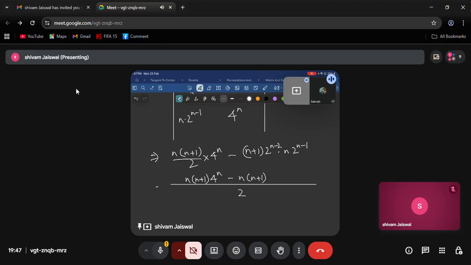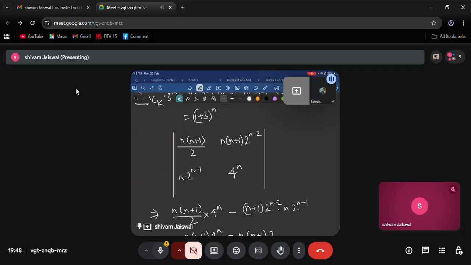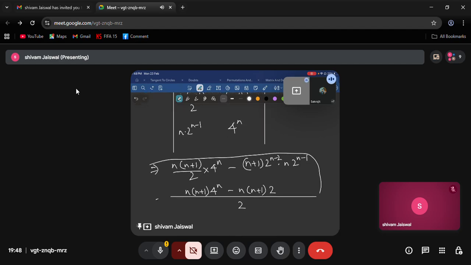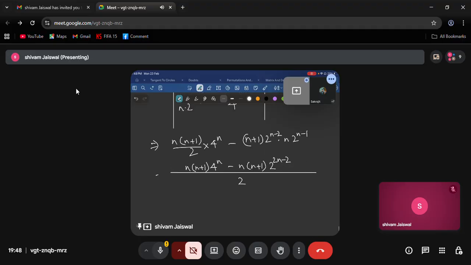So it will come as 2 to the power n minus 1 plus n minus 1, so 2 to the power 2n minus 2. Let me check. Okay, forget about it. What do I need to find out? I need to find out the value of n, right? So 2 to the power 2n minus 2. Okay, this is equal to 0.